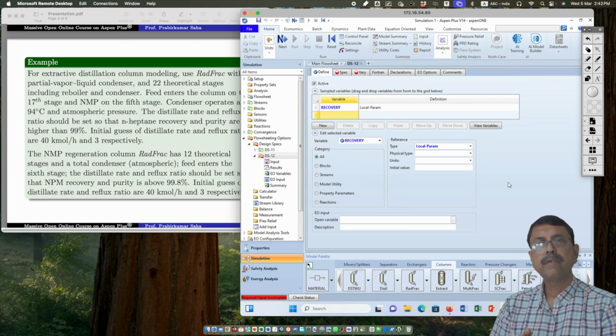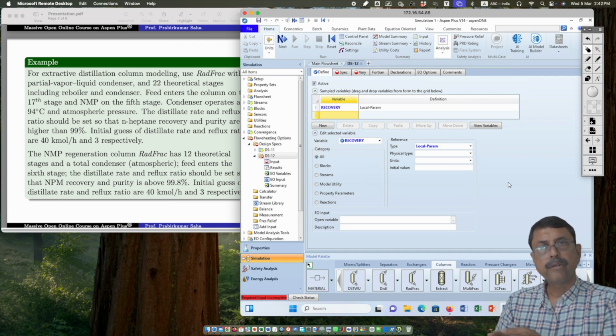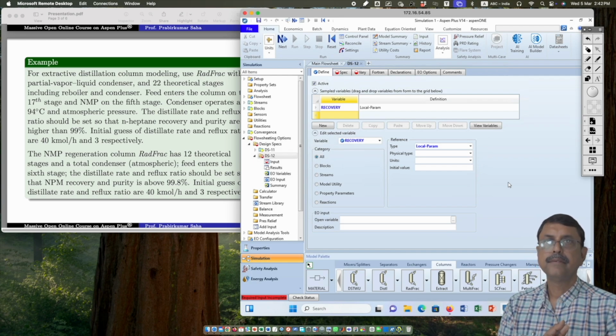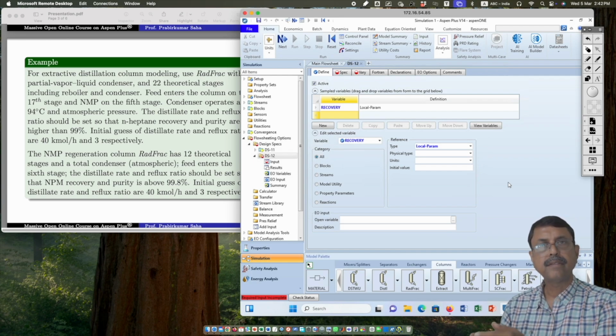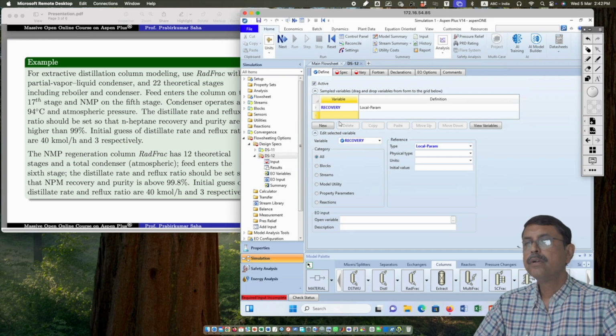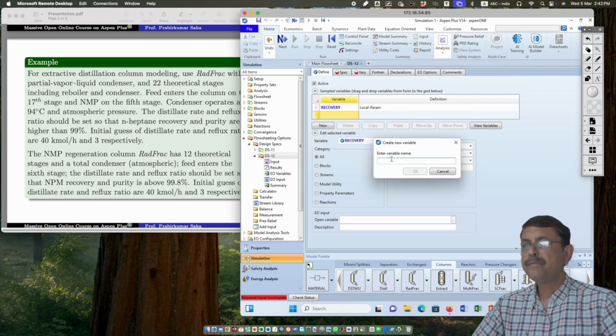So what is the recovery? Recovery means the amount of heptane that is recovered through the distillate over the amount of heptane that has come through the feed line, that has come as a feed to distillation column 1. So that is our recovery. So we will use that recovery as a local parameter. We'll define a few more things.